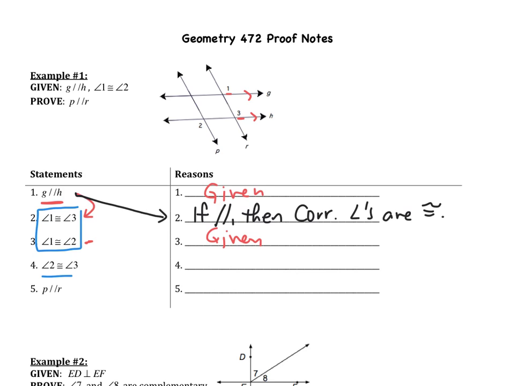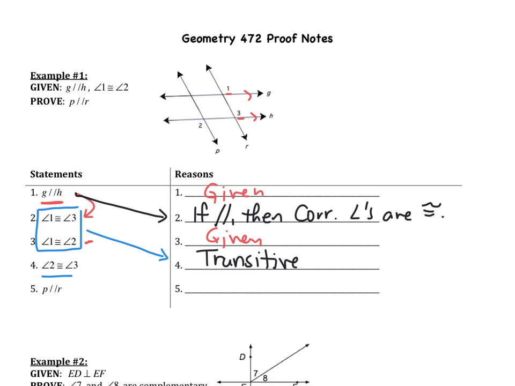Okay? So if parallel, then corresponding angles are congruent. And we stated that they are parallel. Then we had our given. Okay? Now that we have the 2 angles congruent to angle 1, what property is that? That's the transitive property.